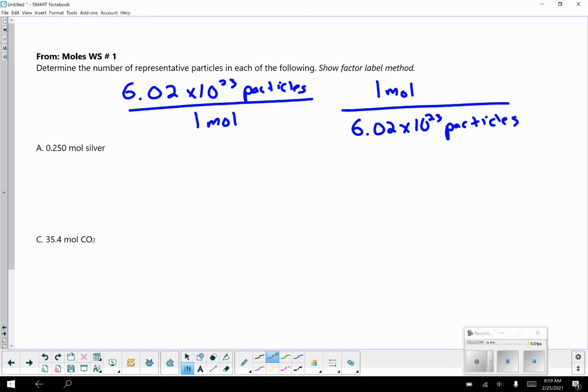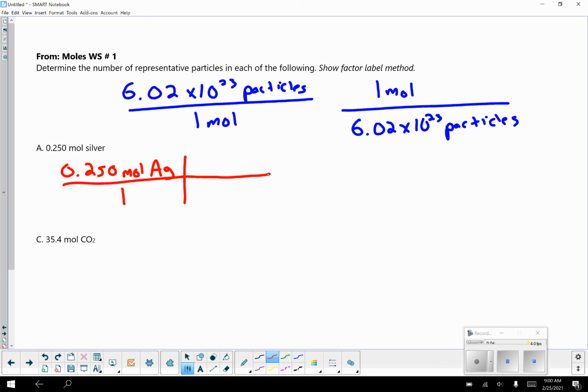So let's look at this silver problem. We have 0.250 moles of silver. Let's convert it into particles. First step in any conversion, write 0.250 moles of silver. Silver is Ag. Put that over 1. And then we put in our conversion factor.